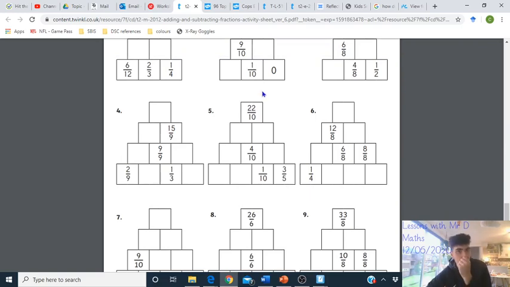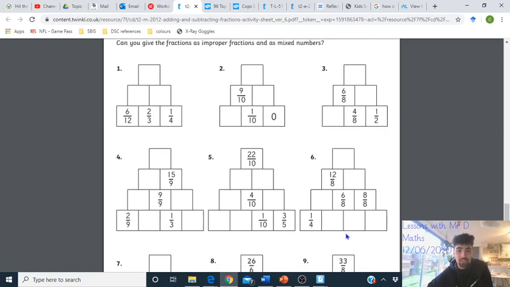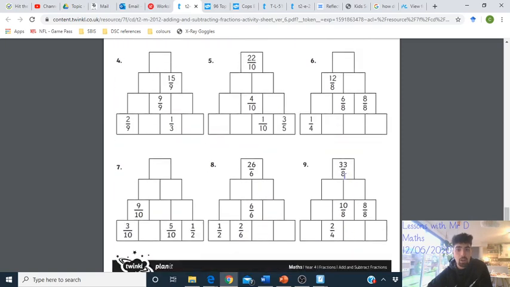And hard. Don't be put off if you see something, if I'm looking at this and we haven't looked at this, don't worry too much about if the numerator is bigger than your denominator for now, just do the sum. All that means is that you'll have lots of wholes.